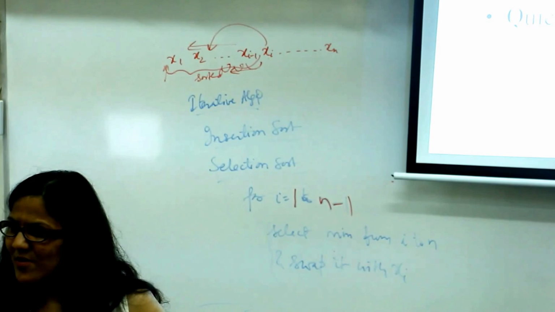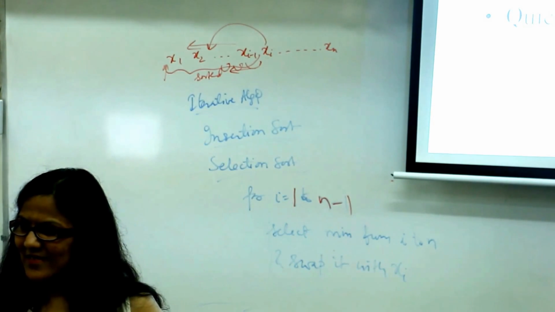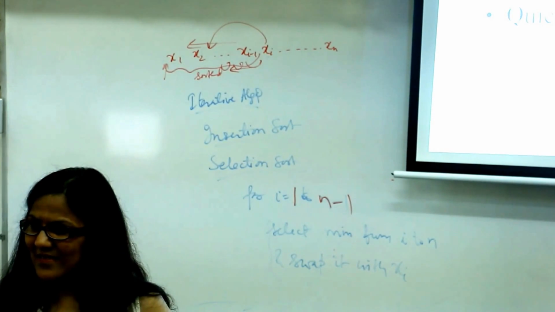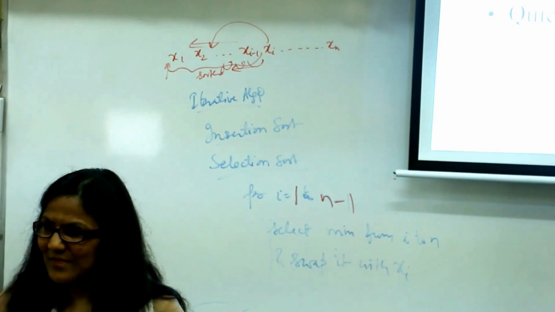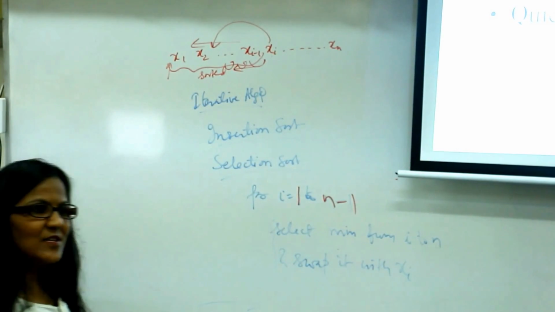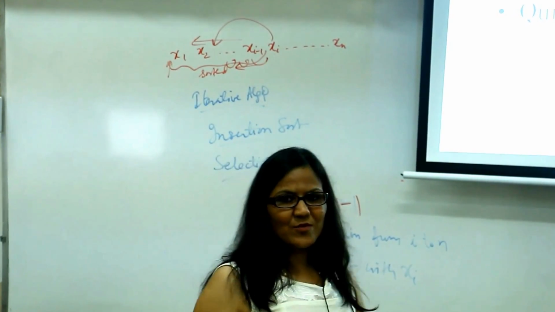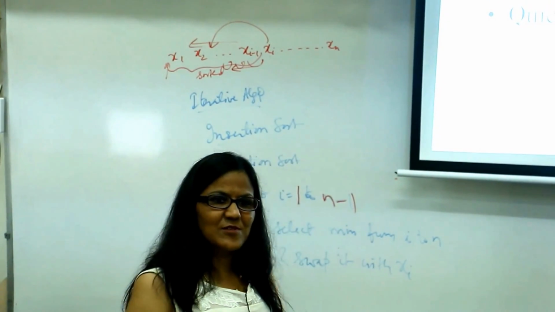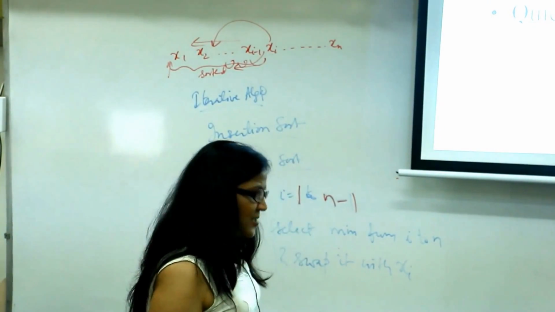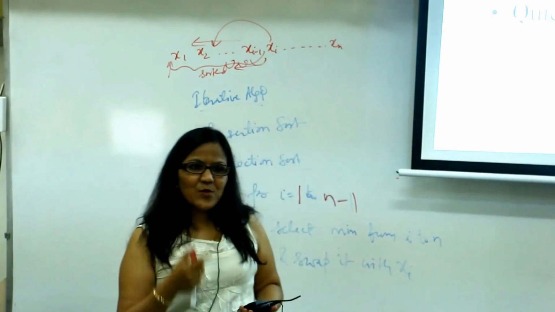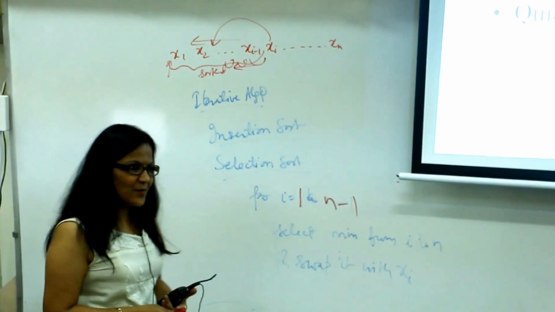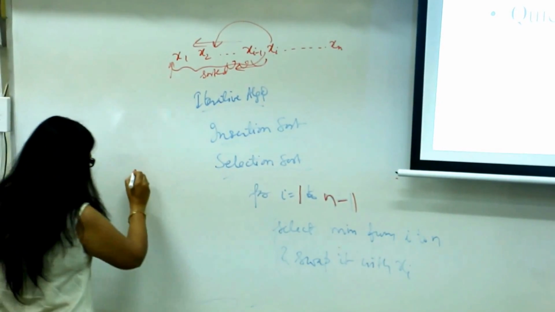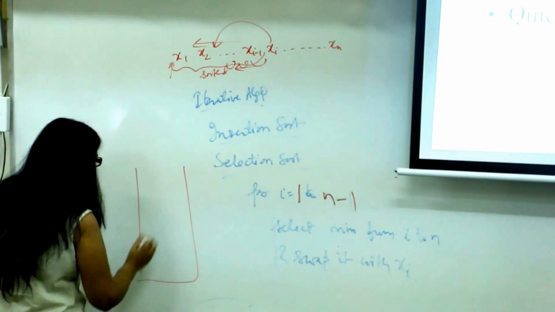Why is it called bubble sort? Because one kind of element bubbles up. Somebody says bubbles down, somebody says bubbles up. That's okay. So the ith smallest element bubbles up to its correct position. If you look at it, elements are stored like this.